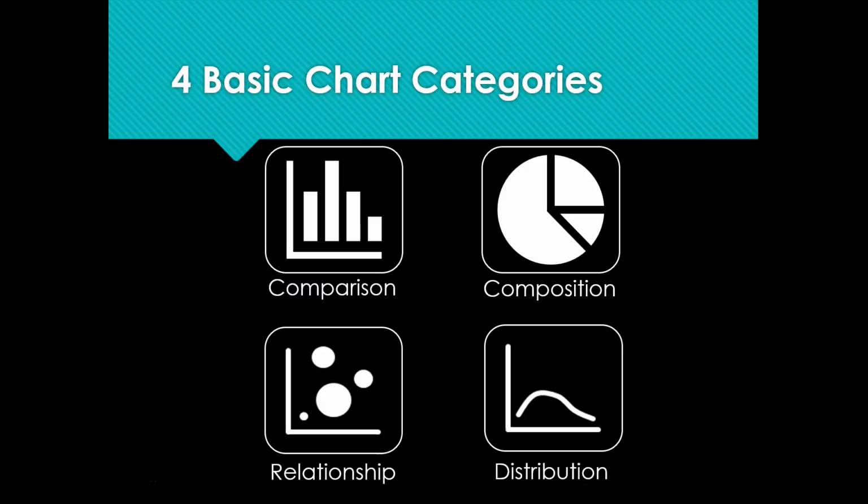There are 4 basic chart categories to consider when you're presenting data. And within these categories, there are multiple types of charts. But the 4 categories are comparison, composition, relationship, and distribution. Unless you're really into significant data analysis, you probably will only use comparison and composition.